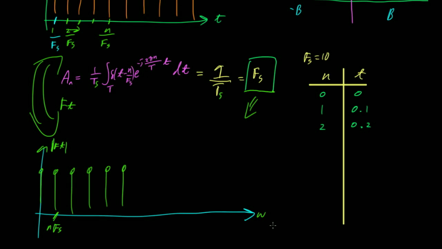So if n is 1, fs is 10, then this is going to be at 10. The next sample is 2 times 10, so it's at 20. The next one's at 30. So the spacing's not changing. It's just the inverse of the period of the original train. Yep.